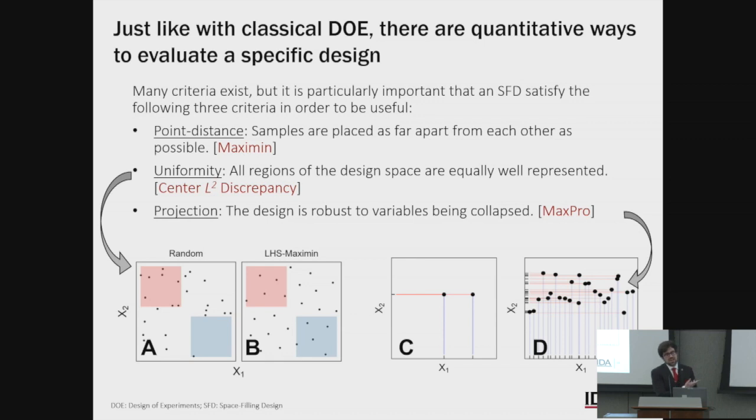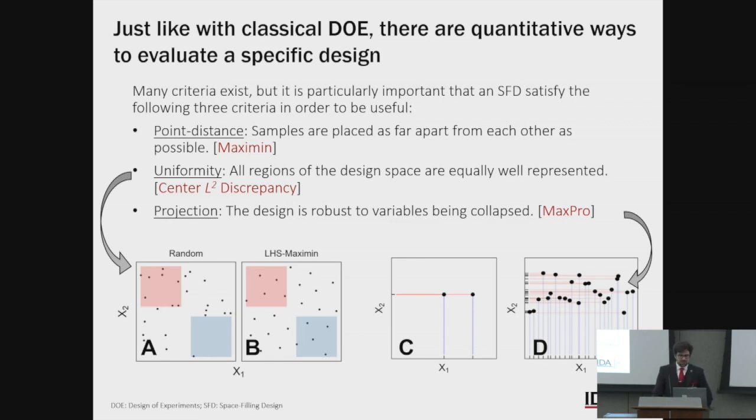So in figure C, if it turns out that the factor x1 doesn't matter, all we basically end up with is a replicate of 1 point. So this is poor projection. Whereas in figure D, if we drop the factor x1, it's almost as if it never existed, even when we made the design. We still have just as good a description of x2. So we still have just as much space fillingness, if you prefer, in the design.